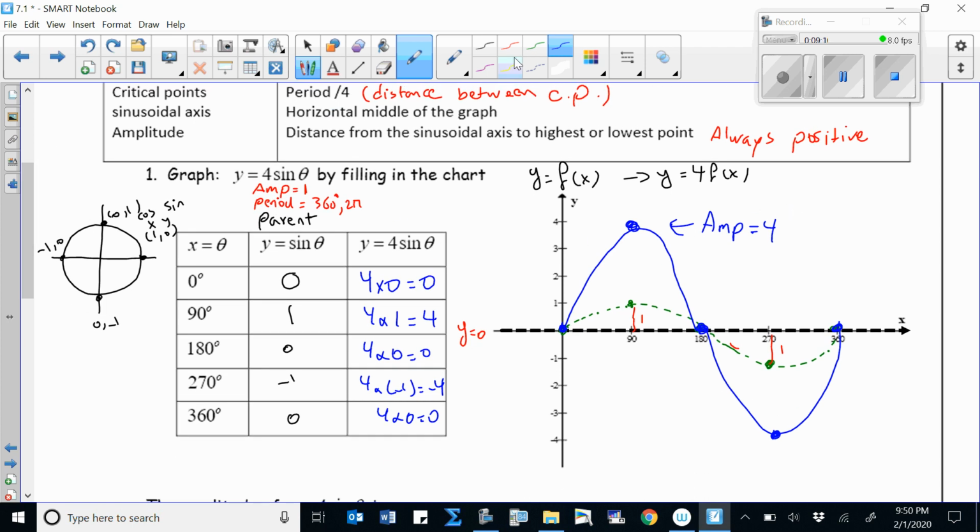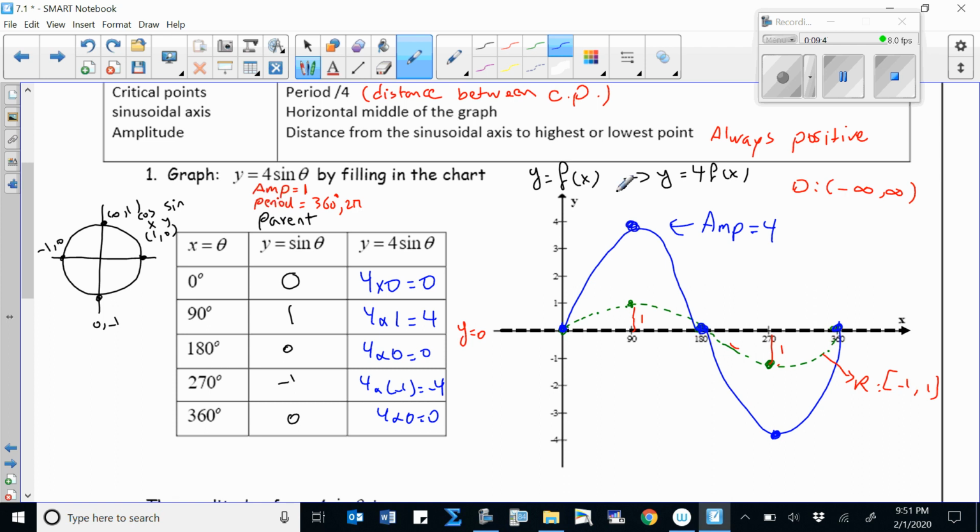Also, we could consider the domain and range of these functions. The domain for both of these functions is from negative infinity to infinity because they repeat themselves before and after these points. But the range of the parent function is from negative 1 to 1, because for range we move from bottom to top, and the lowest point is negative 1 and the highest point is 1.